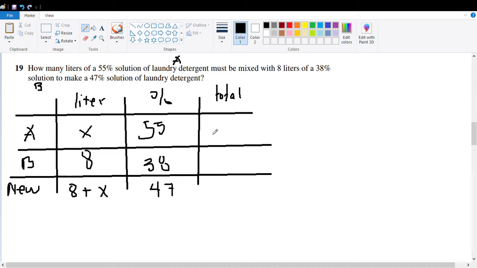So the total, how do we find that total? We're just going to multiply liters times percent. So it's going to be X times 55, which is basically 55X.